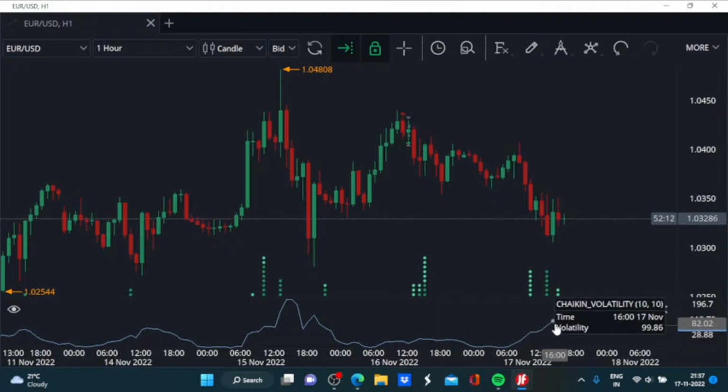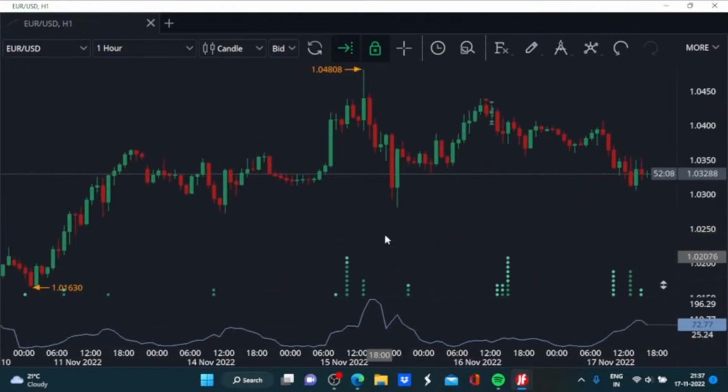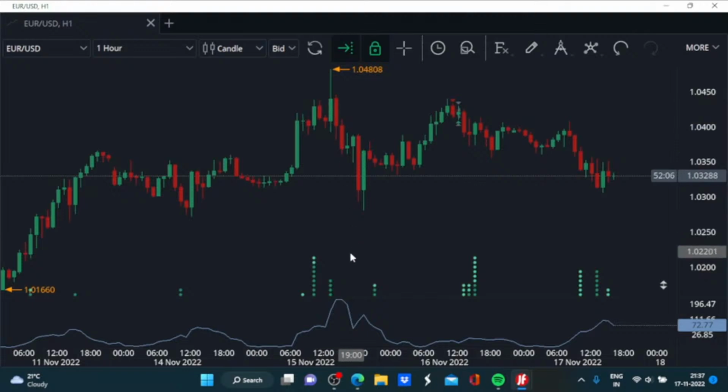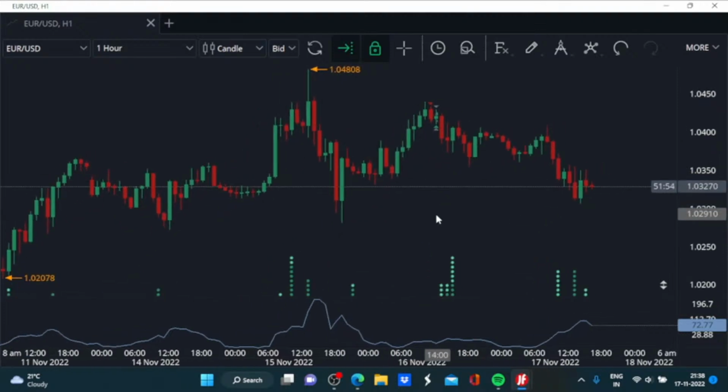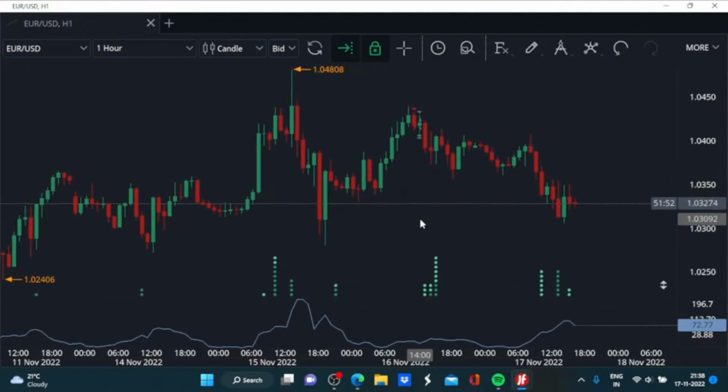Now here the volatility indicator is on the higher side. Prior to that also, when we had this extreme volatility, we saw this indicator value jumping sharply, and then it went into a consolidation phase. So as a result of that, the output value of the Chaikin volatility started to stabilize.